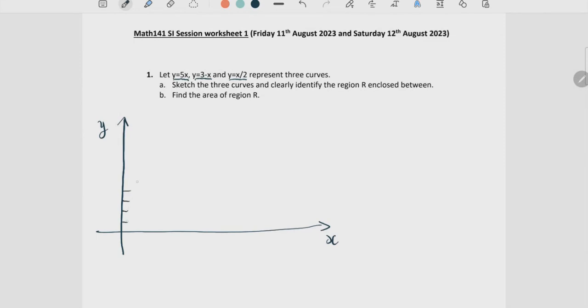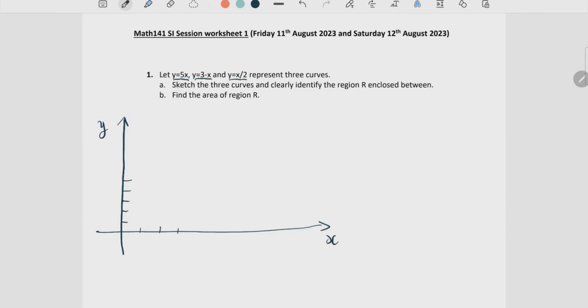Again, this is just a rough sketch, but it pretty much shows you what your curves will look like.